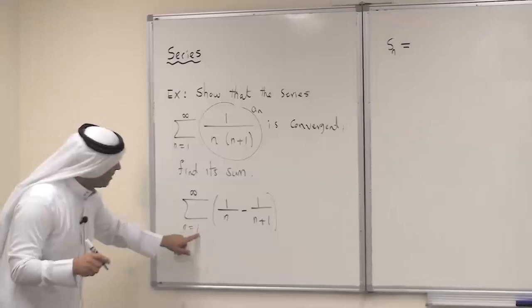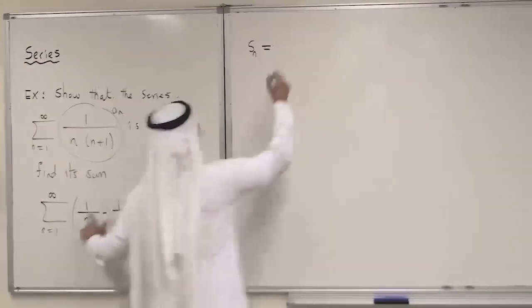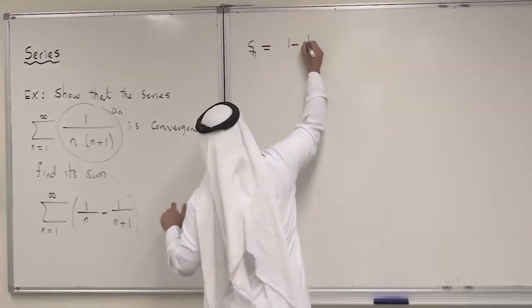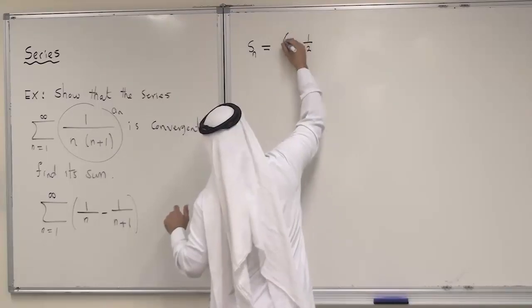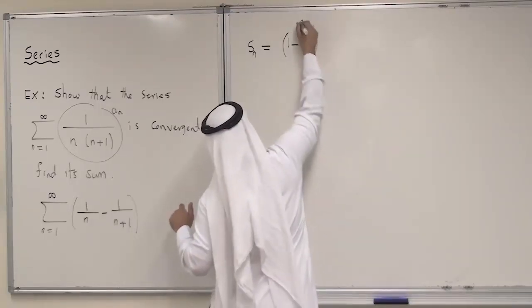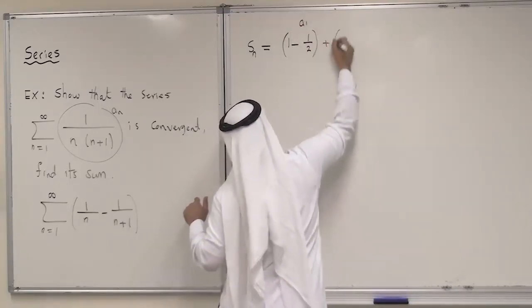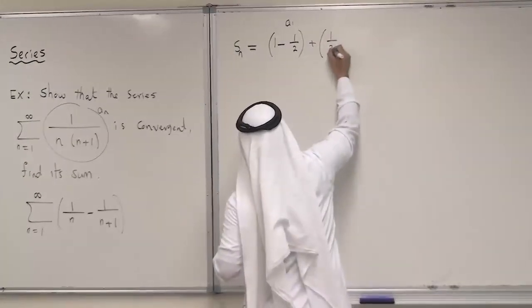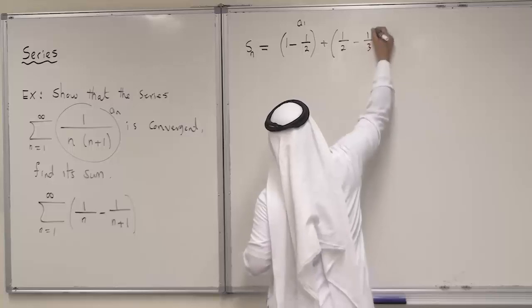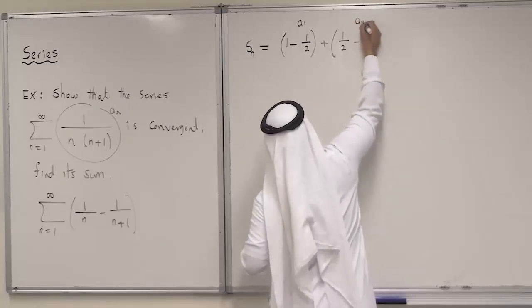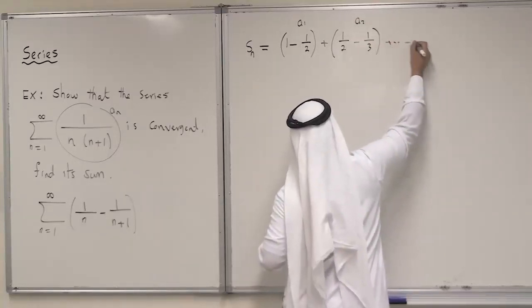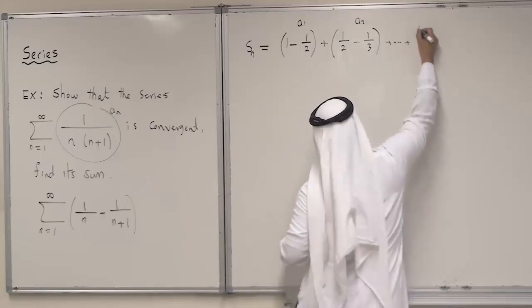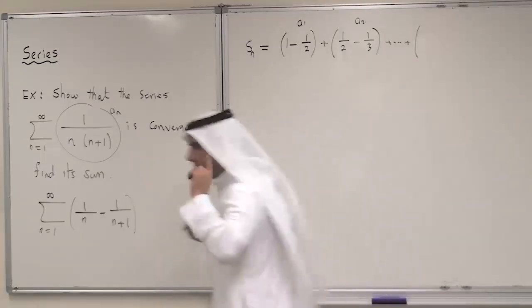So let us substitute by 1. That will give me 1 minus 1/2. That is actually a_1. This is a_1, plus the second element, a_2. Substituting 2, we have 1/2 minus 1/3. All of this is just a_2. And we need to move up to what? Up to the last element, or the one before the last.